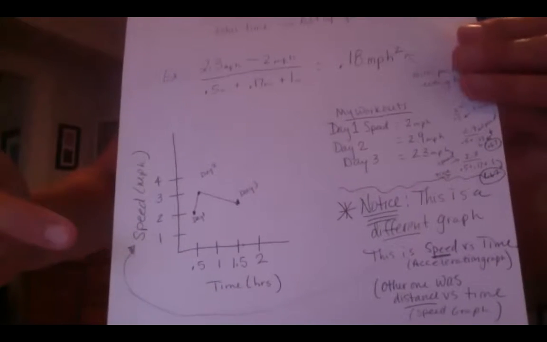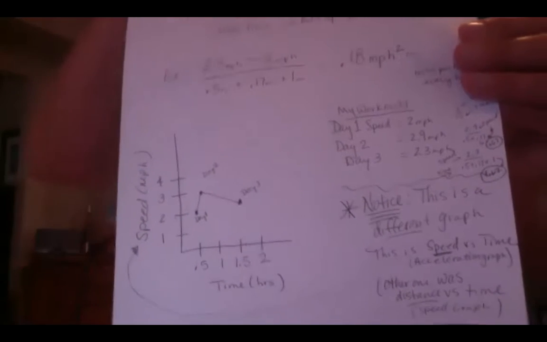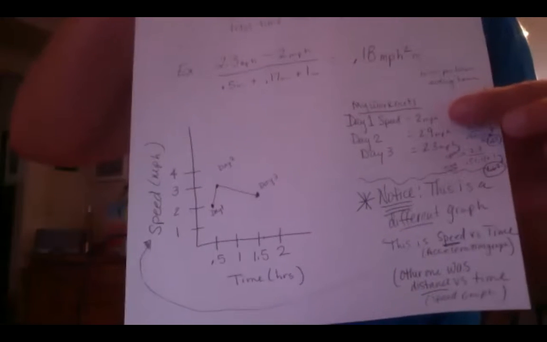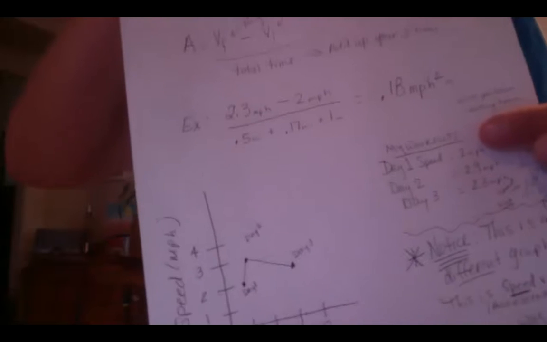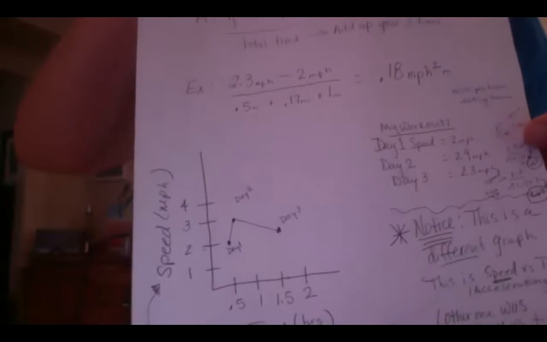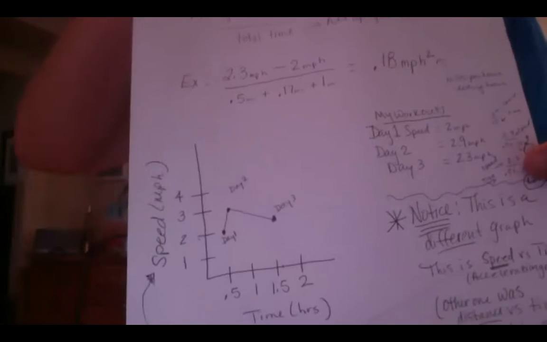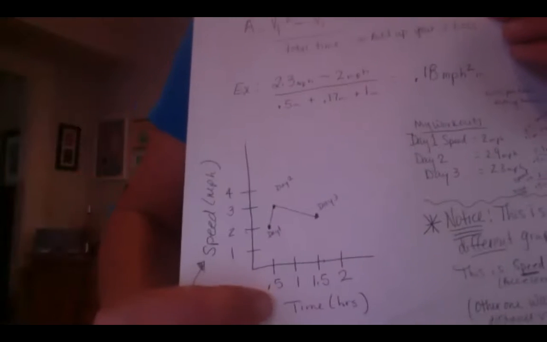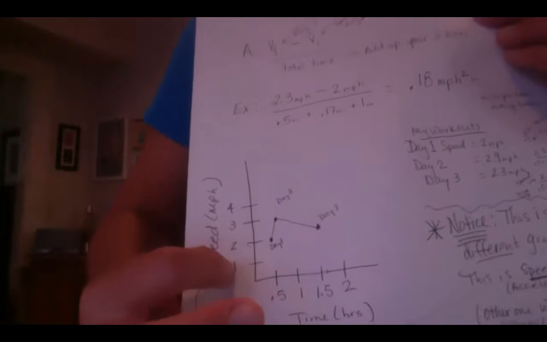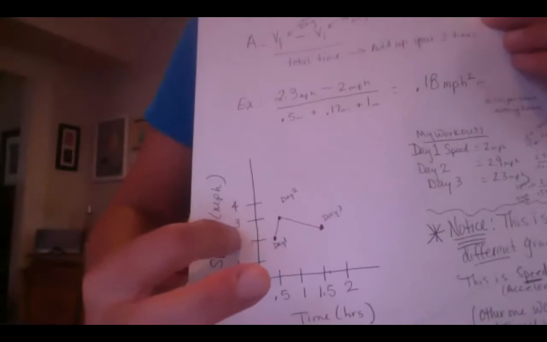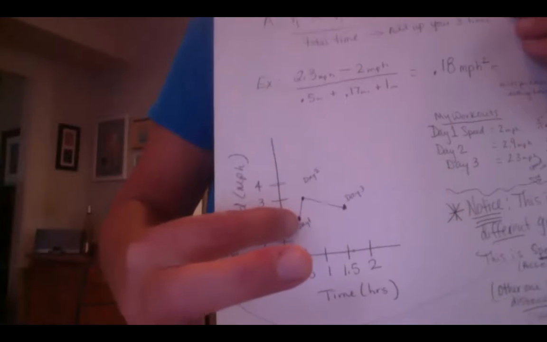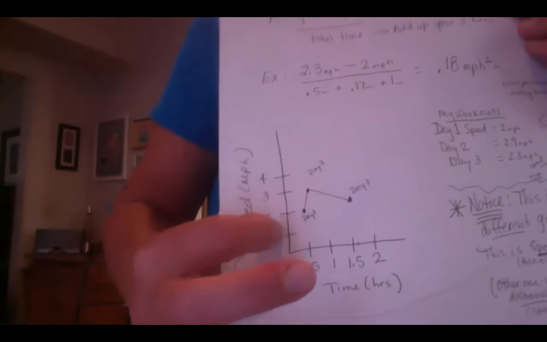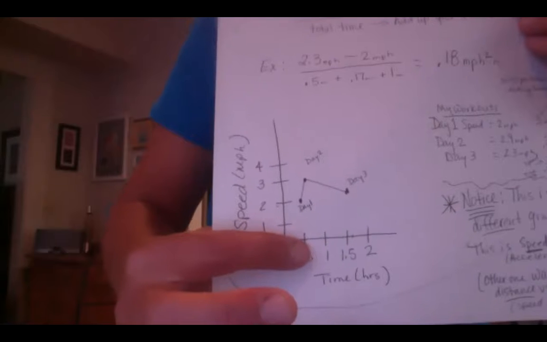Okay, so what you'll be doing here is basically you're taking your speed at day 1. My speed at day 1 was 2 miles per hour. And I did that in 0.5 hours. So that's where I have my 0.5 hours and my speed of 2. And that's where that dot goes. So that's my day 1. The intersection of where my speed on day 1 and my time intersect. That's easy enough.